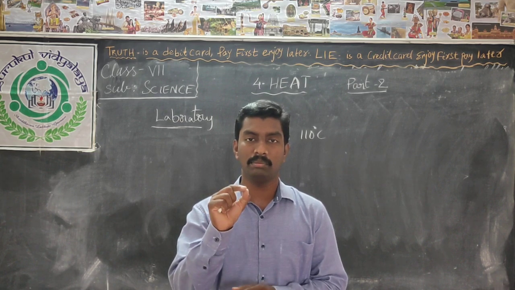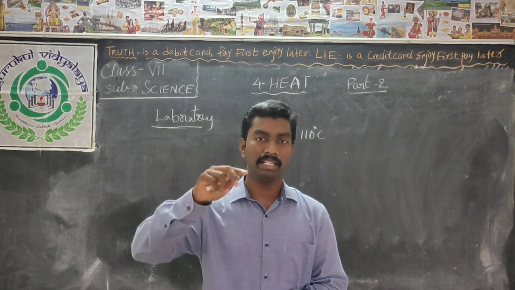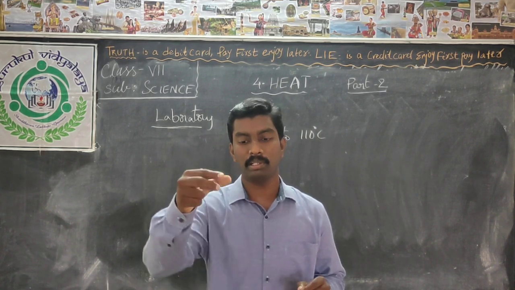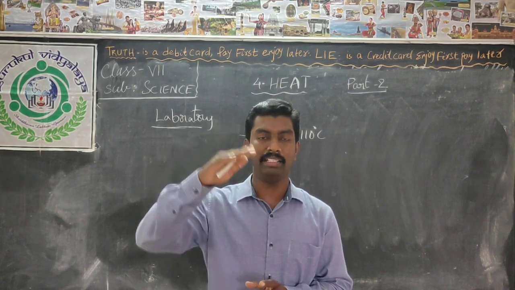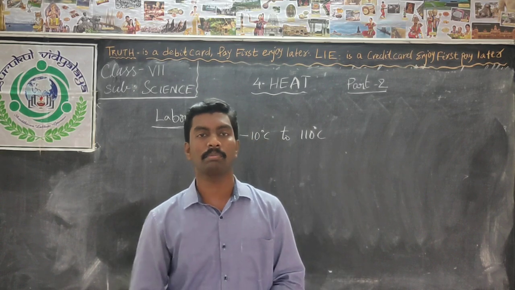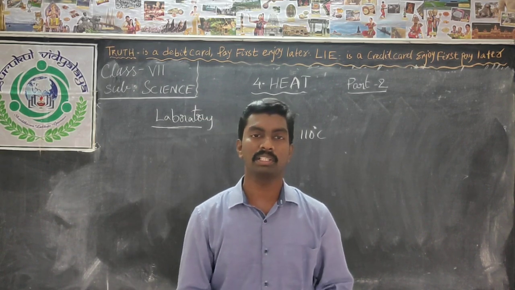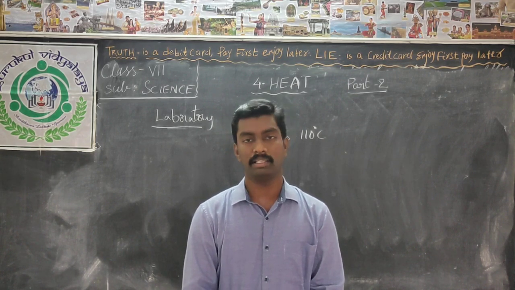Slowly the mercury level will rise, and at a certain temperature it will stop. Then by removing the thermometer from the beaker, we can check the level of the mercury and get the temperature of the water we have taken in the beaker.